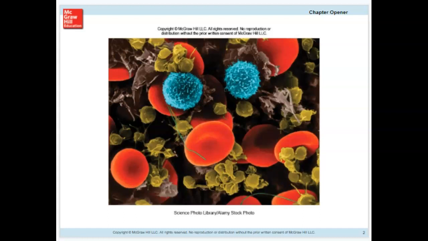Remember, inflammation, limiting the spreading of the infection, destroying organisms such as bacteria and viruses and cancer cells, neutralizing toxins, and initiating clotting or coagulation is going to be another function of the circulatory system.